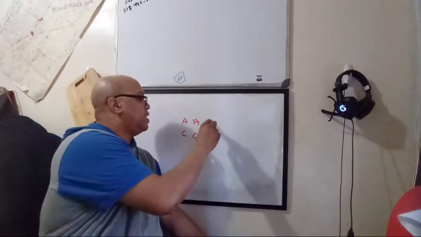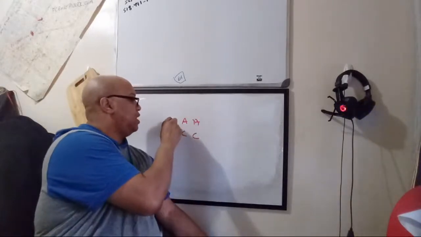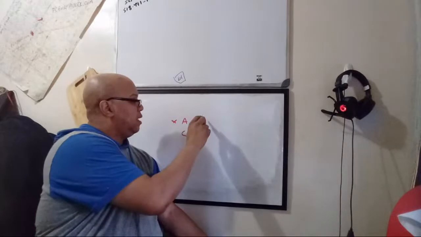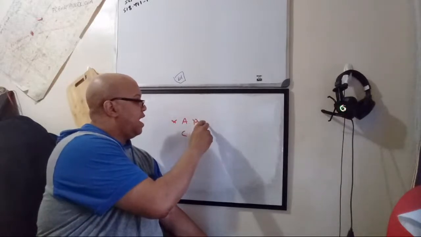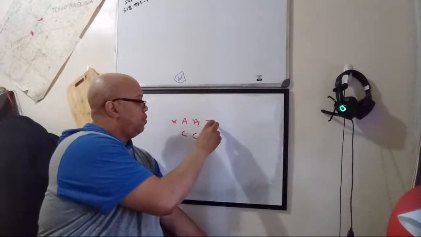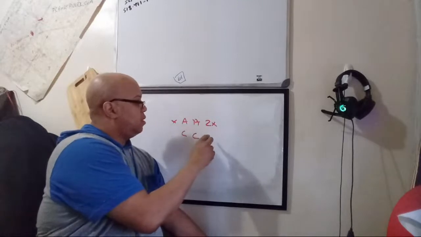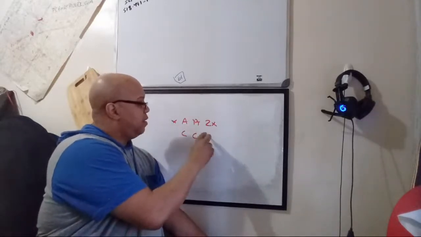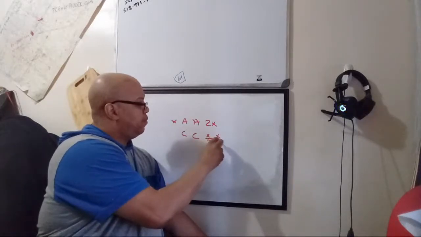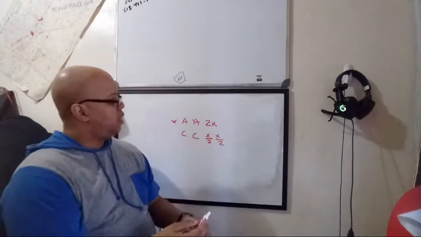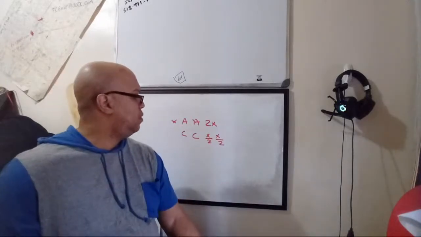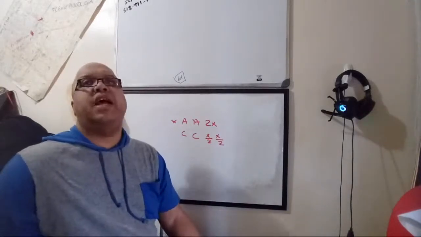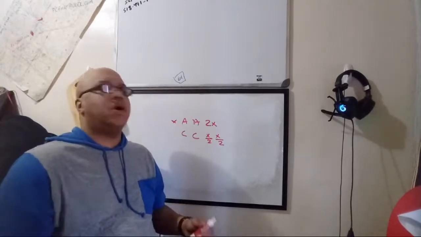So we could say X is the unknown price, and we'll have 2X for 2 adults. And then each child will be X over 2. And the final price is $12.60.